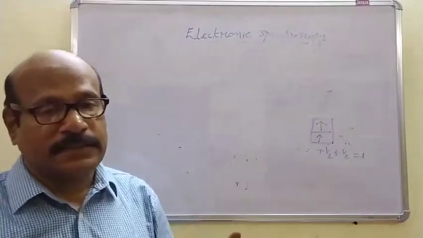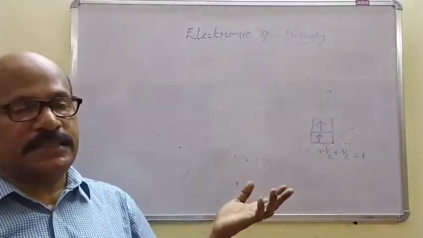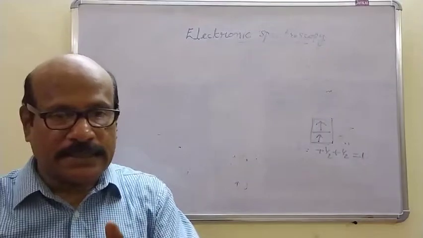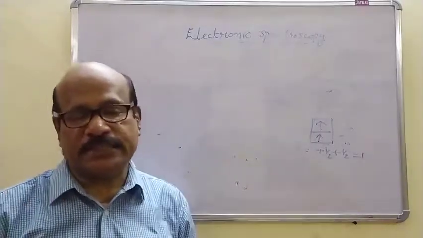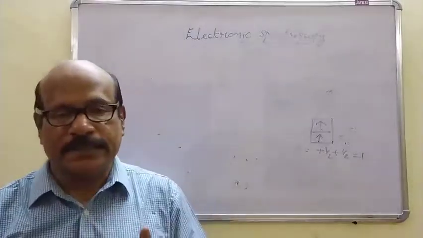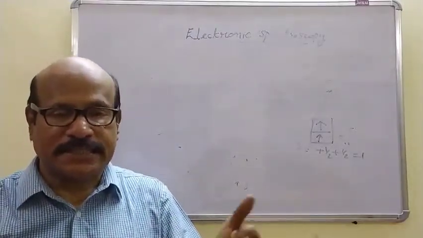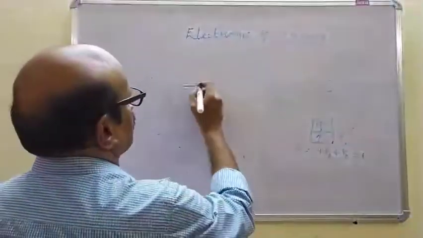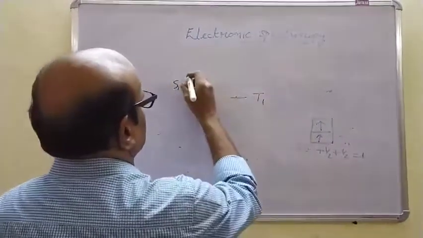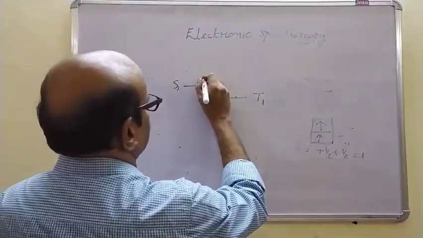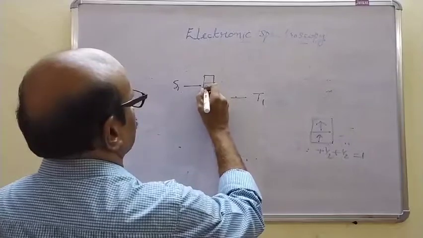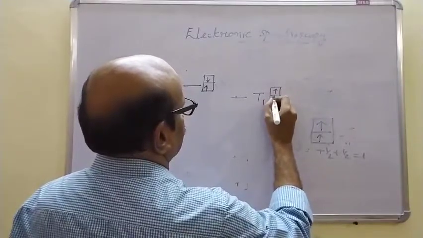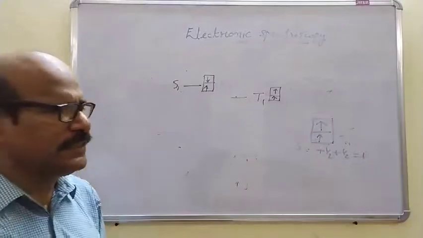The important thing is that a molecule on excitation directly undergoes transition to S1, S2, S3, etc., and from there it undergoes interconversion to T1, T2, etc. Each excited S state is accompanied by a corresponding T state which is slightly lower in energy than the corresponding S state. Suppose this is the S1 state, there is a T1 state also, like this.